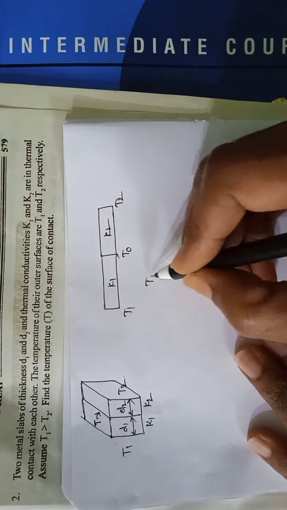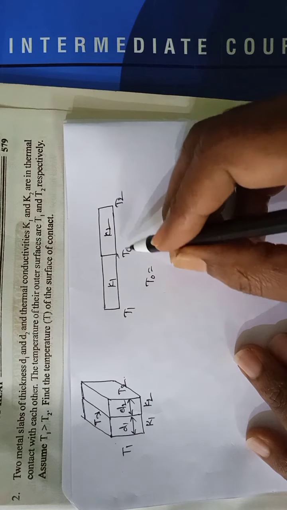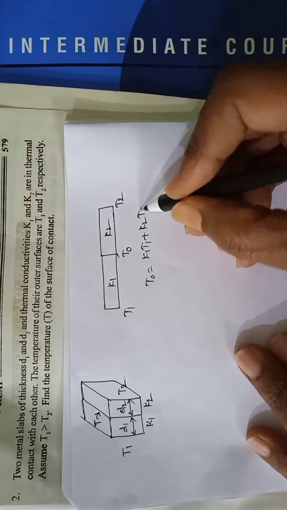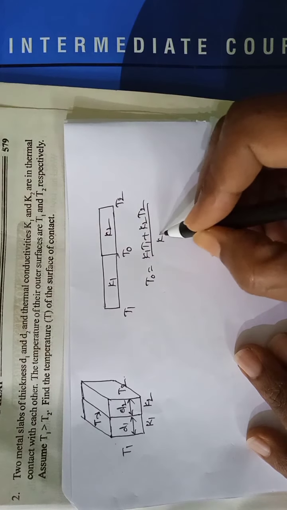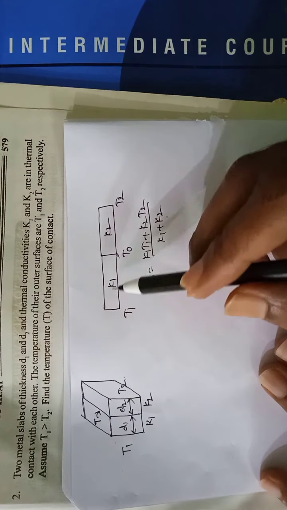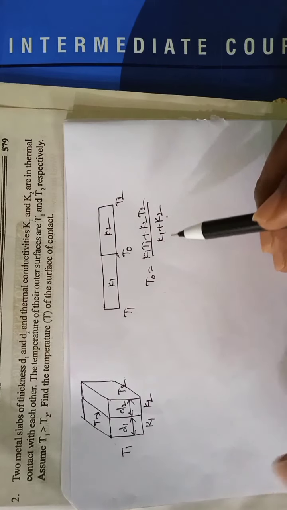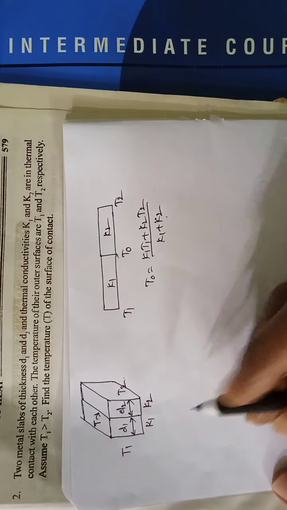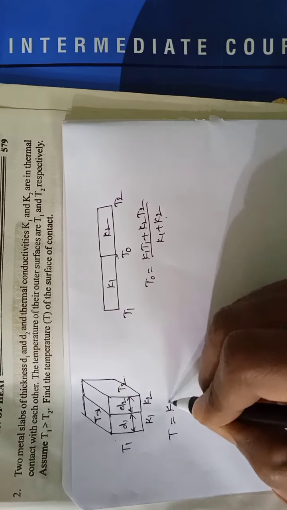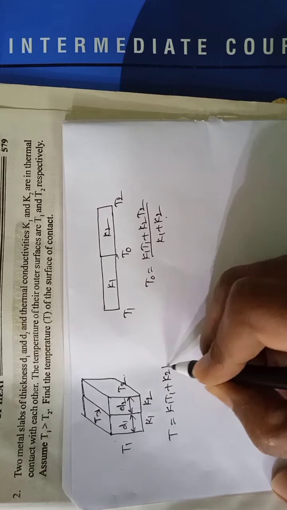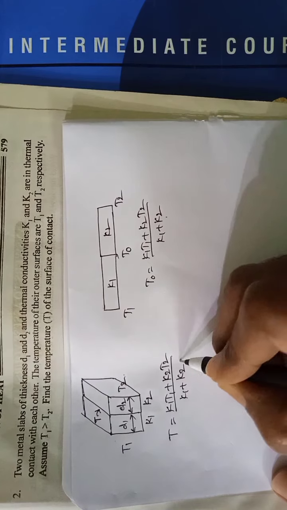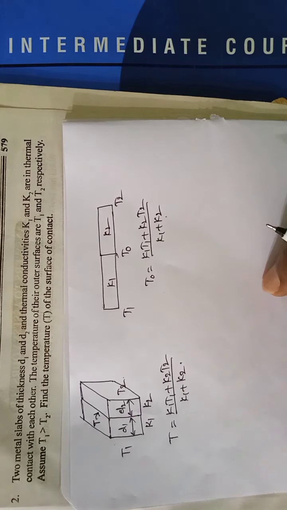There we got expression for junction temperature as K1 T1 plus K2 T2 by K1 plus K2. But this formula is applicable only when both have same area of cross section. So here also they are having same area of cross section. Therefore here automatically we can write K1 T1 plus K2 T2 by K1 plus K2.